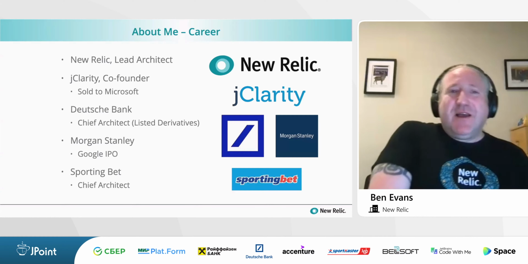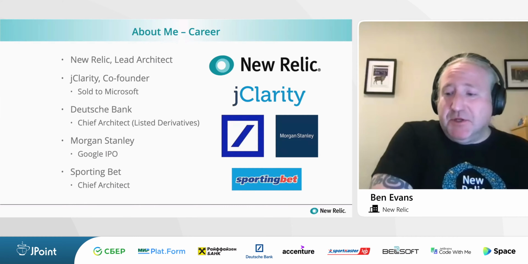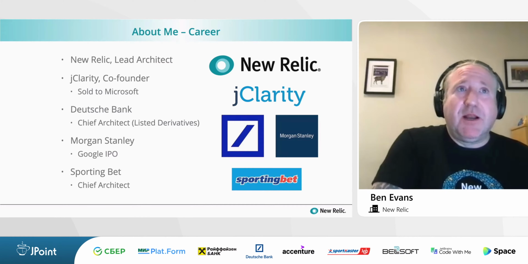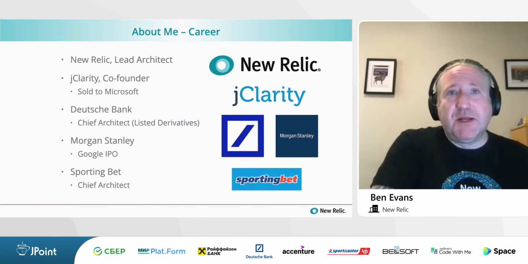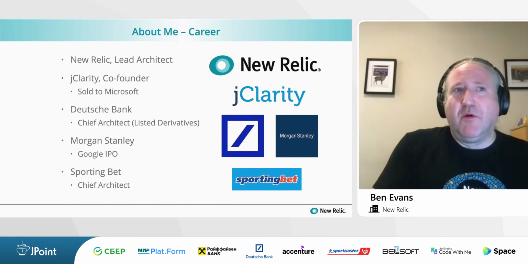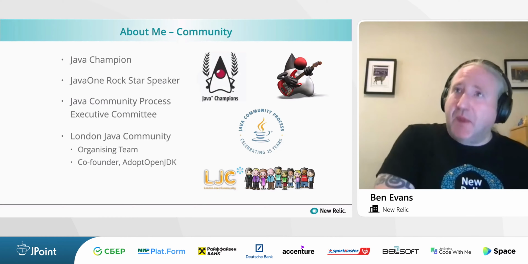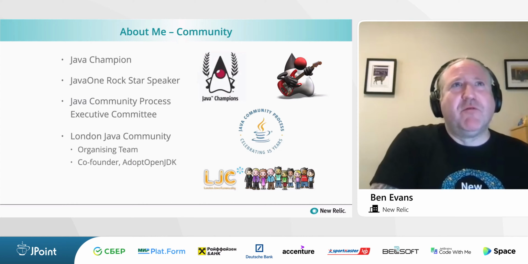Right. Okay, so as previously mentioned, I'm lead architect for instrumentation at New Relic right now, JClarity and Deutsche Bank before that, Morgan Stanley, and then Sporting Bet a long time ago. I'm also known for some of my work in the community. I'm a Java Champion, Java One Rockstar speaker.